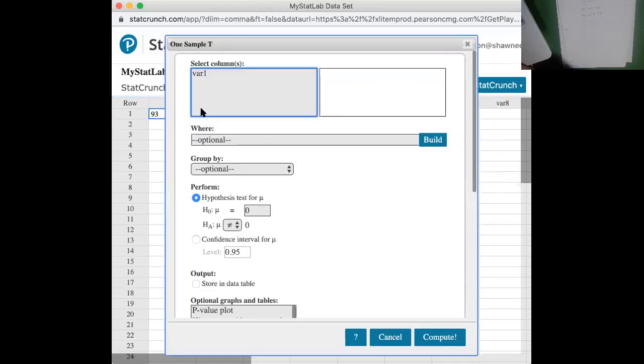T-stats, one sample, we have the data. We got to select the data up there, move it into that column. We're going to do the hypothesis test, so we have to enter the null value. 95 is the null value. And we're doing a two-sided test, so we're done. We say compute.